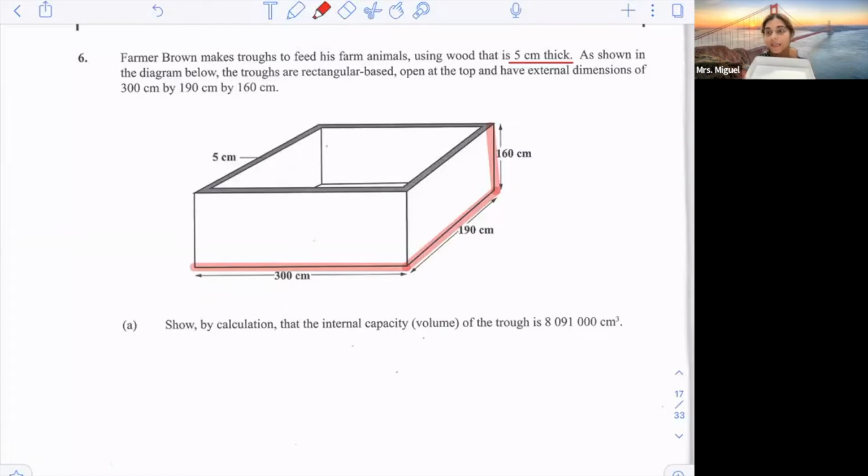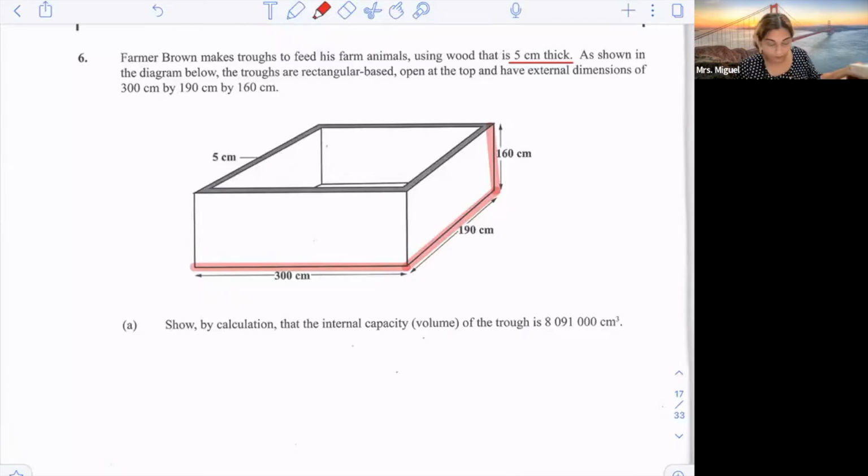Just like if you take a piece of wood and you have to make a box, the outside is going to be larger than the inside because you have to take into consideration the thickness of the walls. The thickness of the walls is 5 centimeters.